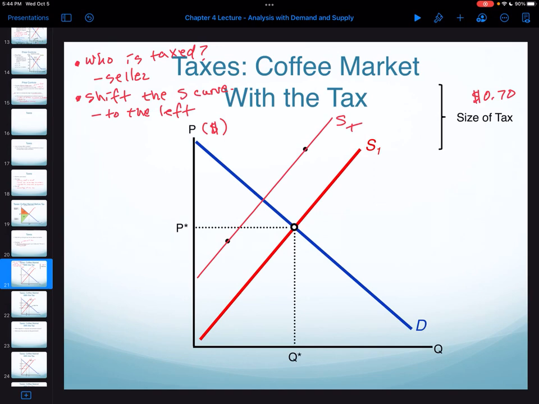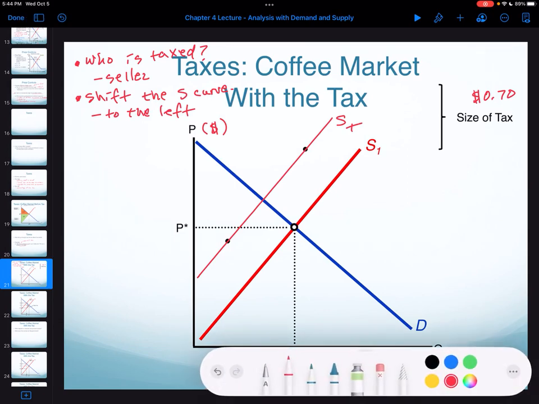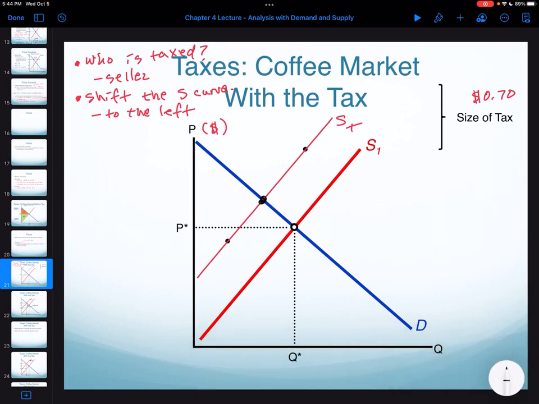All right, so now that I've got my new supply curve, I'm going to have a new equilibrium. So let's go ahead and label that. Switch to black here. Our new equilibrium is always going to be where our new supply curve intersects our old demand curve. So let's go ahead and label this. This is our new quantity when the tax is implemented.